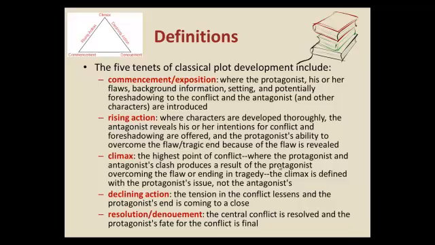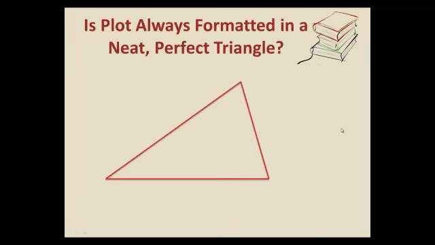Okay? So let's kind of talk through this idea of, is there a nice, neat little triangle like you see in the upper left-hand corner when it comes to the plot sequence? Quite frankly, it's not. If you look at almost any Shakespearean play, you will note that the longest acts and the majority of the play take place in Acts 1 and 2. Act 3 is really intense, and then Acts 4 and 5 are very short.